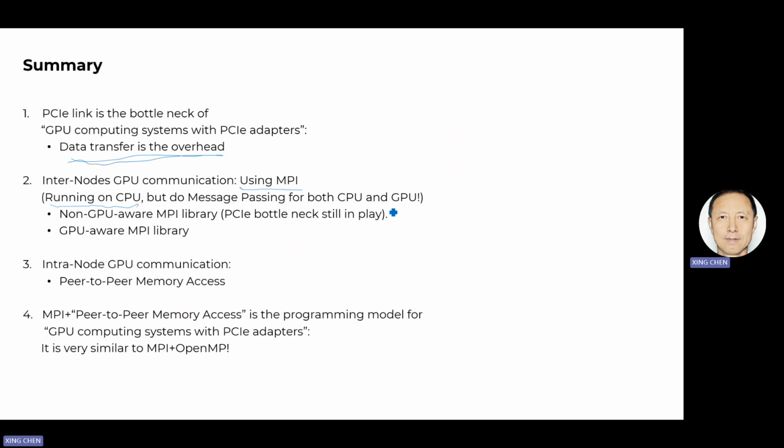That's a kind of mix. And here come in play two kinds of MPI library, the non-GPU aware MPI library and the GPU aware MPI library. Later on, we discussed that if you have multiple GPUs attached to a server, there is a possibility to do peer-to-peer memory access between these GPUs.